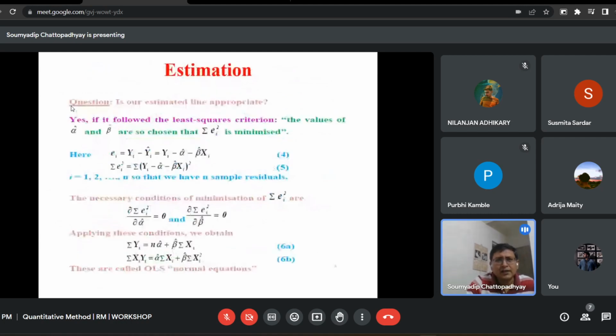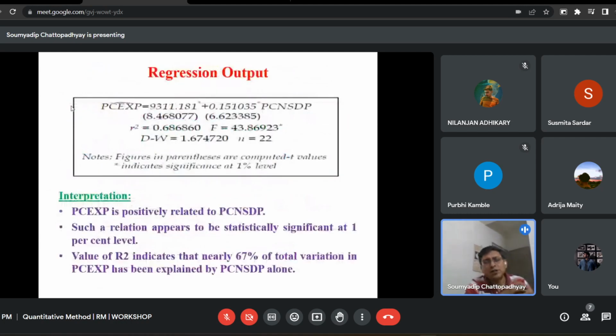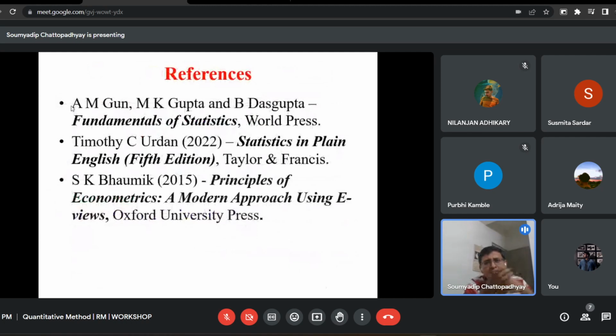And this is the reference list which you may look at. You may look at the first two references, because the third reference is applicable for regression analysis, which I have not covered today. One is Fundamental Statistics, a very famous book by A.M. Gun, M.K. Gupta, and B. Dasgupta.